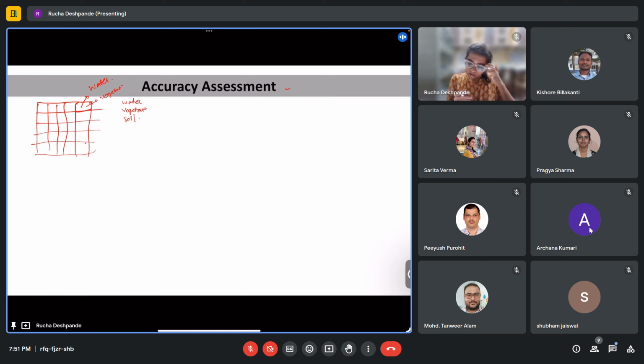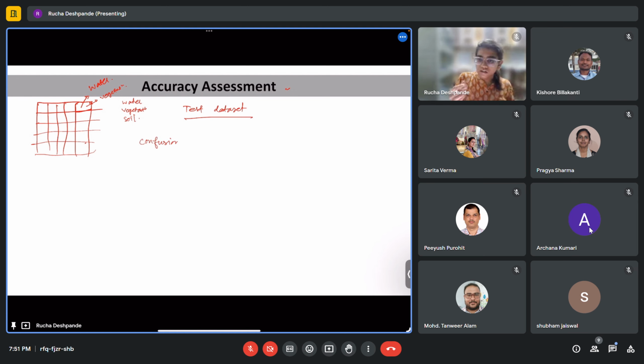So for accuracy assessment, we have a test dataset which is collected from ground-based measurements, and then we use different techniques to calculate the accuracy of our classification.